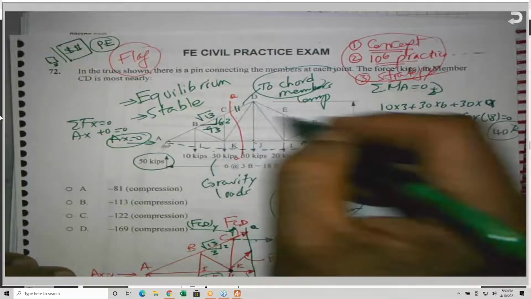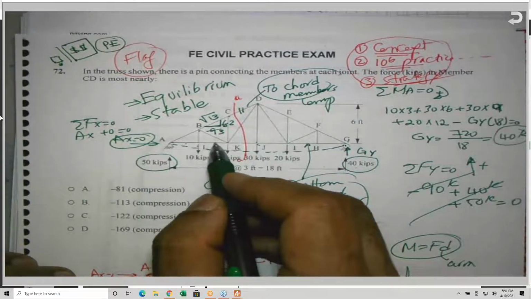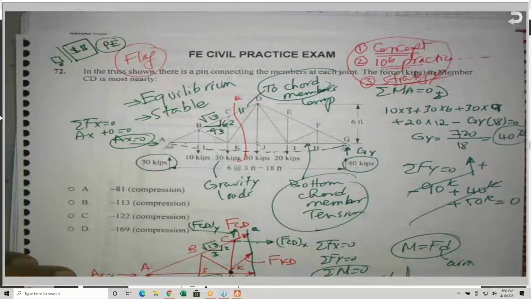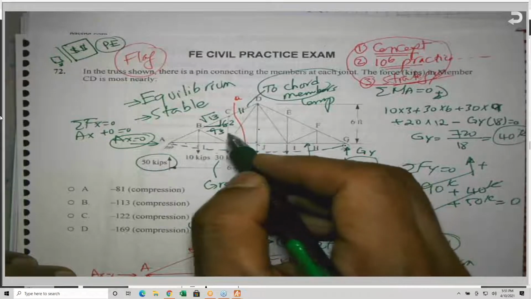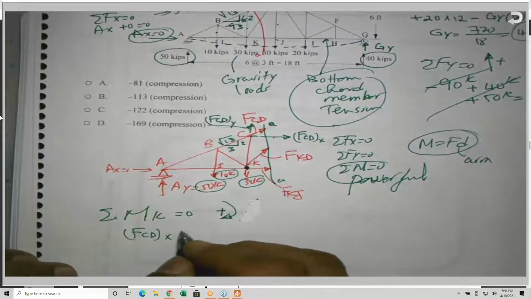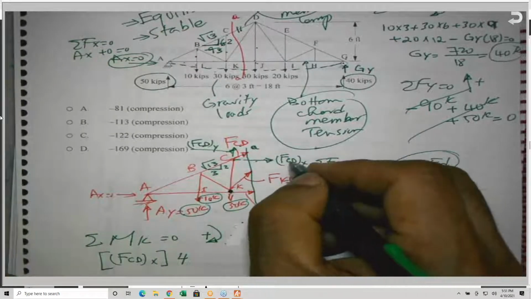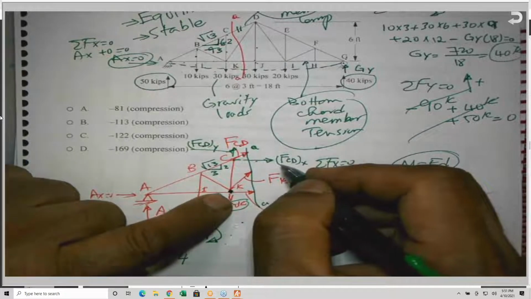So how much is this one here? And how much is this one here? This distance equals this distance equals this distance. So if this is 6, can I say this is 4 and this is 2 or not? Yes. So this is 4 times 4. So I finished that. Is this a clockwise? Yes, I put my finger here.